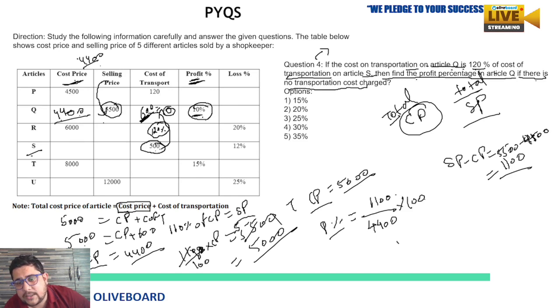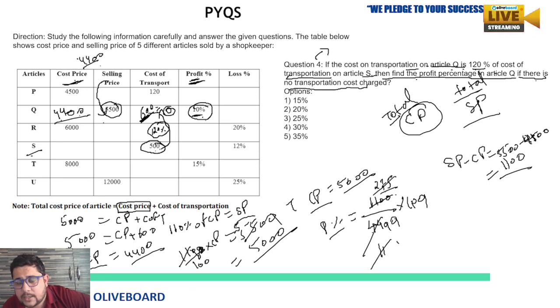So multiply 100 here. You can cancel 0 to 0, and by 44. By 4 you can cancel it, so this will become 275, and this will become 11. Now again cancel this by 11.